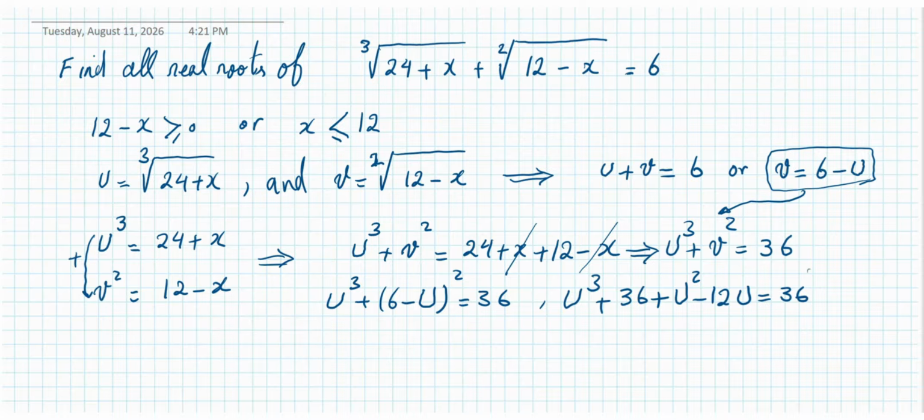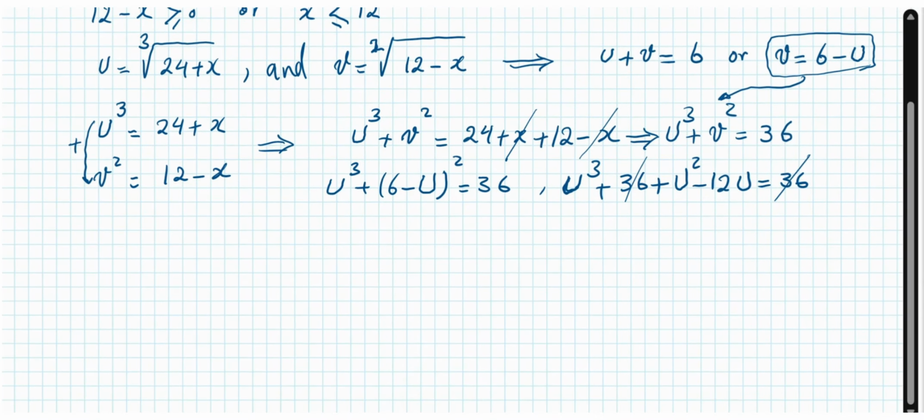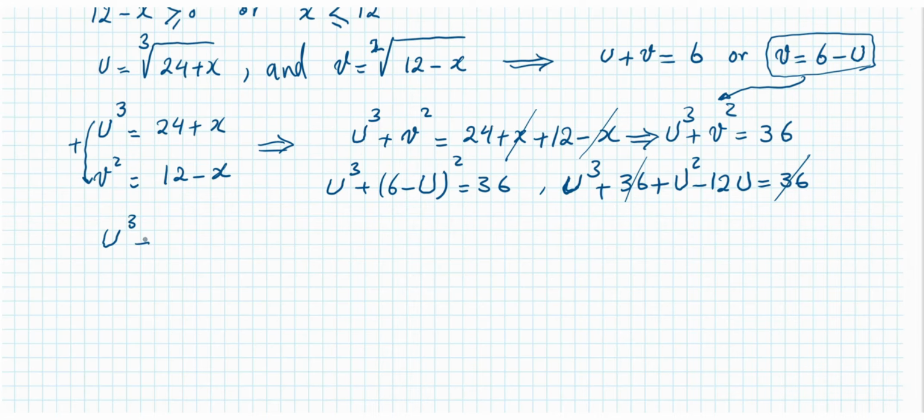And we can cancel 36 from both sides of this relationship. And we have u cubed plus u squared minus 12u equal to 0.